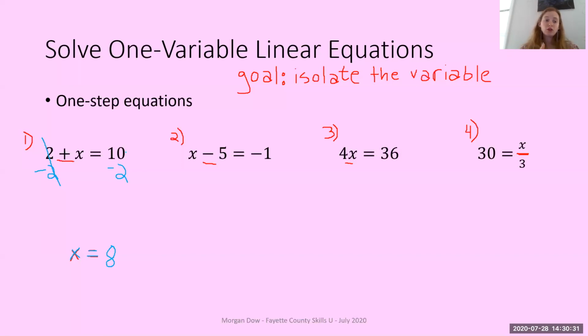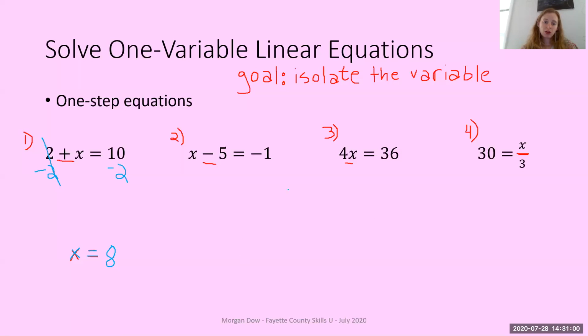So if you look at 2 plus x equals 10 and you know x has to be 8, well, when you go through the steps of isolating the variable, you better get x equals 8. And if you didn't, you know that something went wrong, because you know the answer has to be x equals 8.